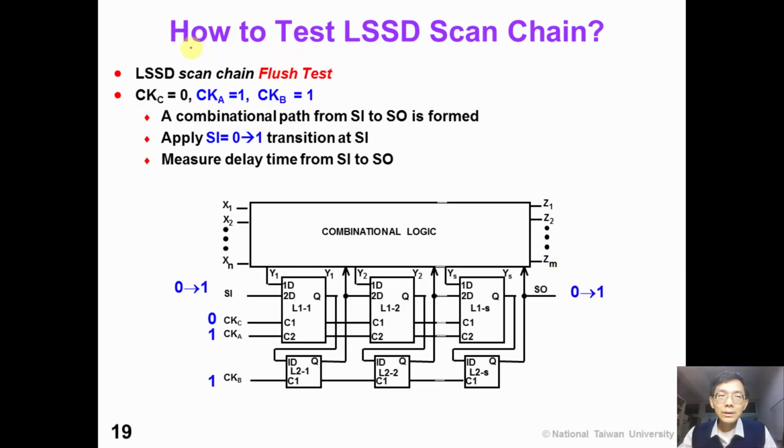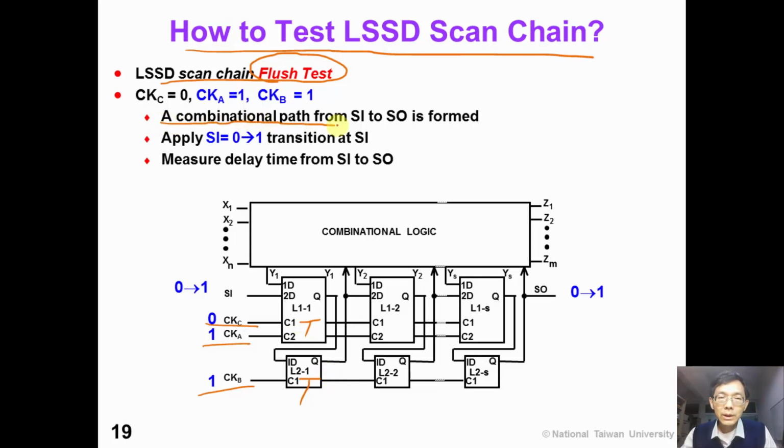So the second question would be, how can we test the LSSD scan chain? We can apply a flush test to test the LSSD scan chain. In a flush test, we hold clock C to 0 and clock A is 1, clock B is 1. In this way, the level 1 latch is in transparent mode and the level 2 latch is also transparent.